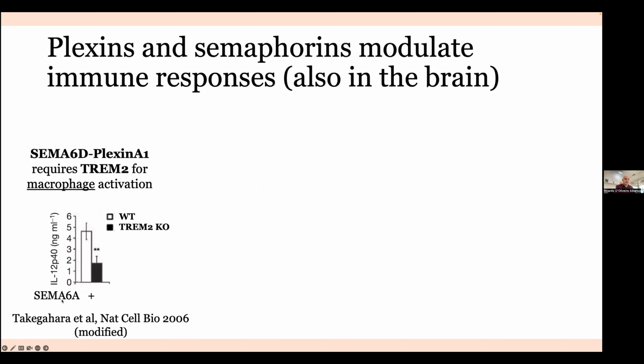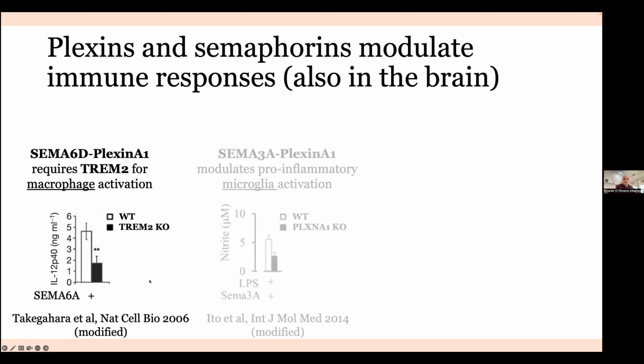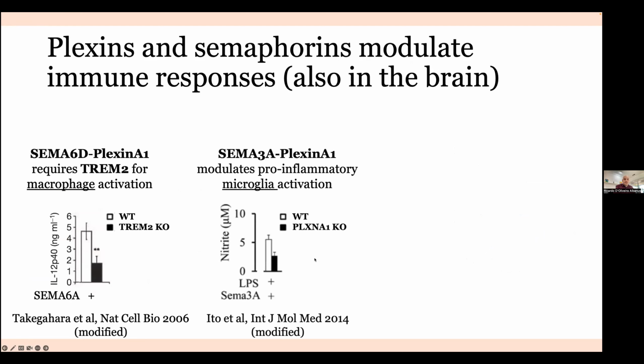So this is showing that this is wrong. This should be SEMA6D, not 6A. This is a typo. We're showing that once you treat macrophages with SEMA6D, you will increase cytokine secretion in a TREM2-dependent manner. And plexin A1 with a different semaphorin, SEMA3A, was linked to microglia activation.